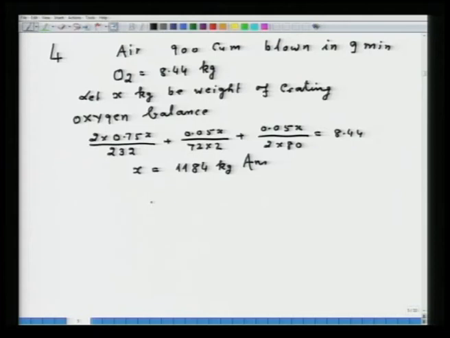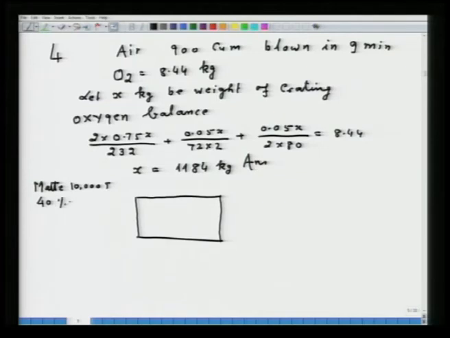Now, the problem says further that once this coating is formed, the slag formation stage begins, and at the slag forming stage we have charged 10,000 tons, 40% met, then the composition of flux is given to us.